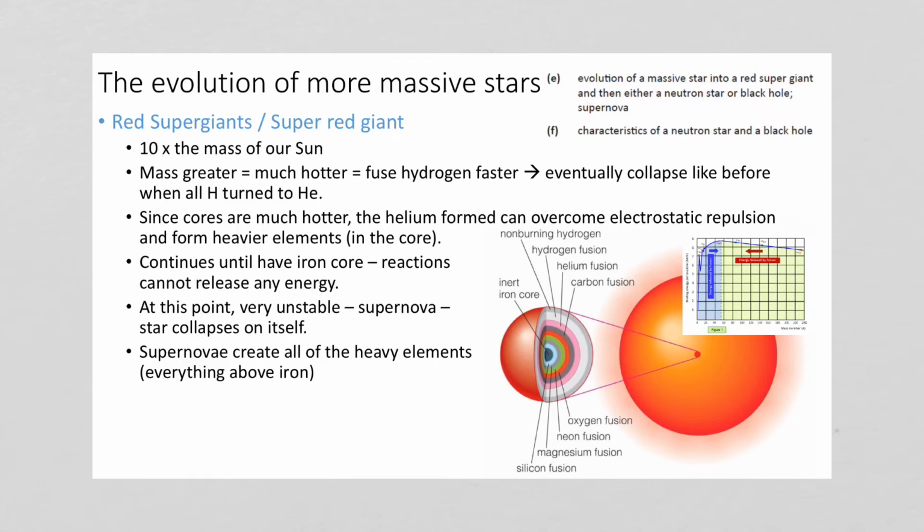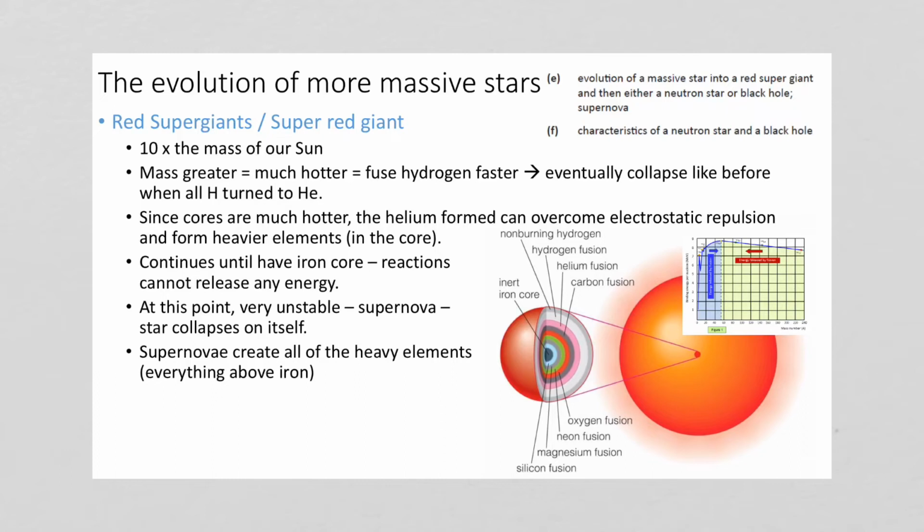Now there are other forms as well, but these are the ones that our specification goes for. So if the mass is greater, that means it's much hotter, and as I mentioned earlier, it's fusing hydrogen far quicker. But eventually we do get a collapse like before, once all the hydrogen has turned to helium.